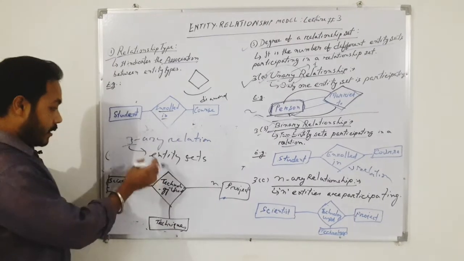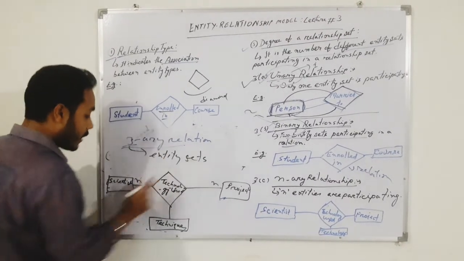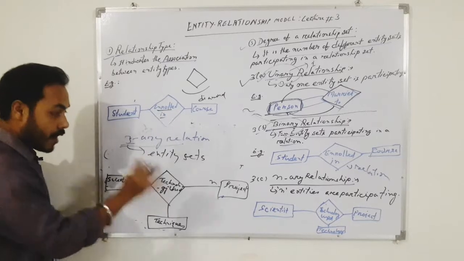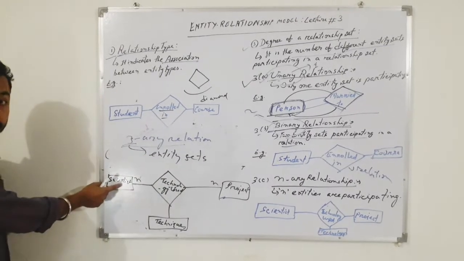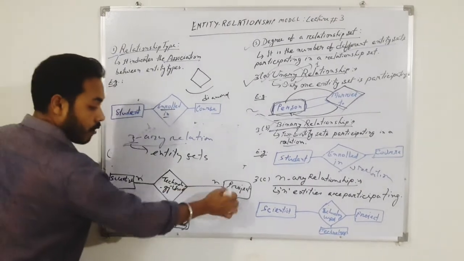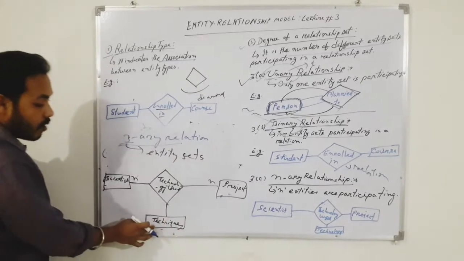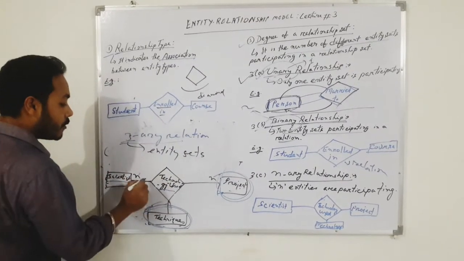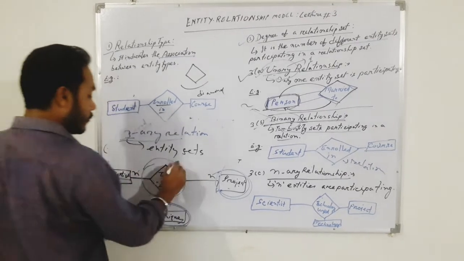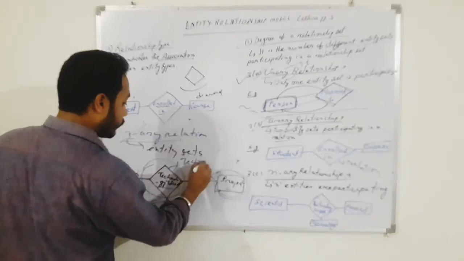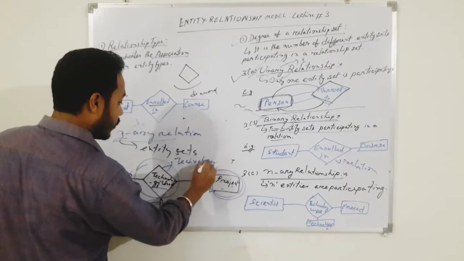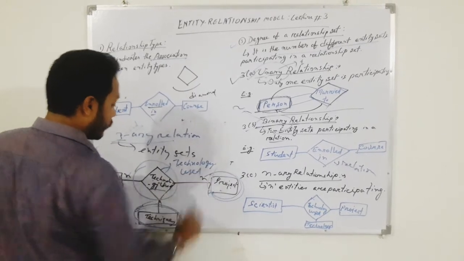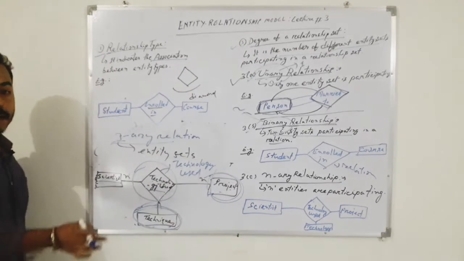As I have said, this is an example for 3-ary, and I have written three entity types. The first one is scientist, then the next one is project, and then the third one is techniques. These entities are related to each other through the relation technology use. Okay, so this is a 3-ary relation.